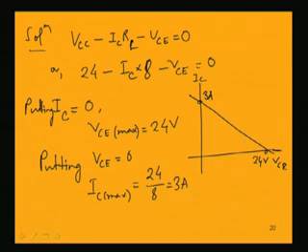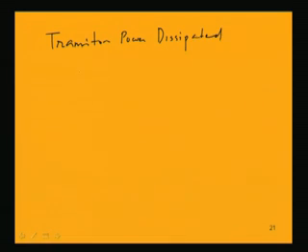Now, what about the maximum power rating of the transistor? To know the maximum power rating, we must consider the power being dissipated and find out the maximum condition. So, what is the transistor power? Transistor power dissipated, say PT, is VCE IC.